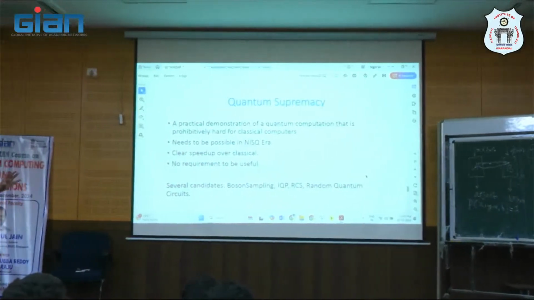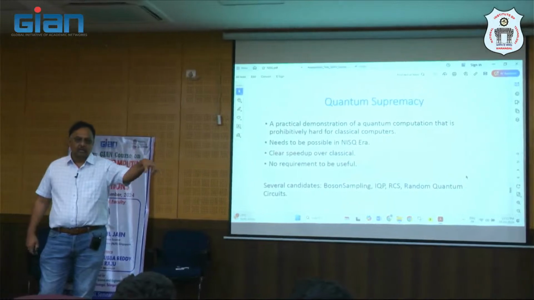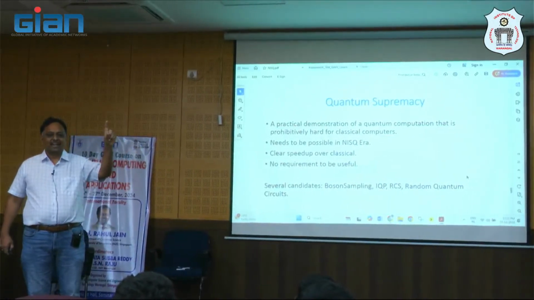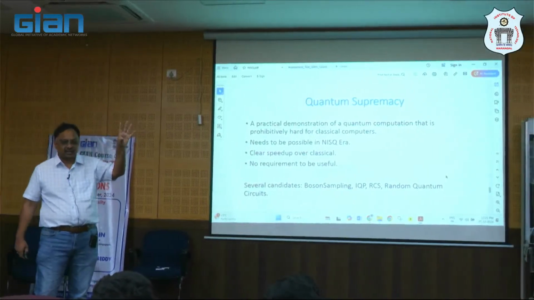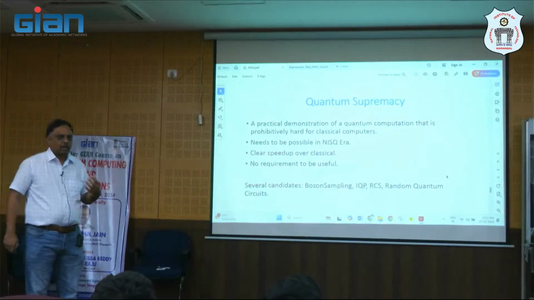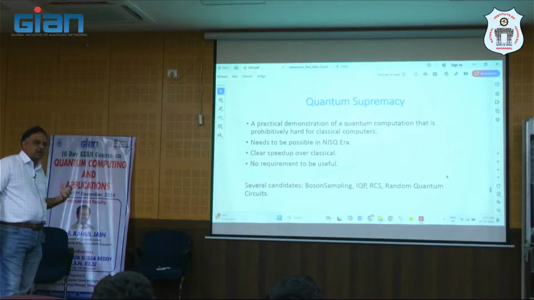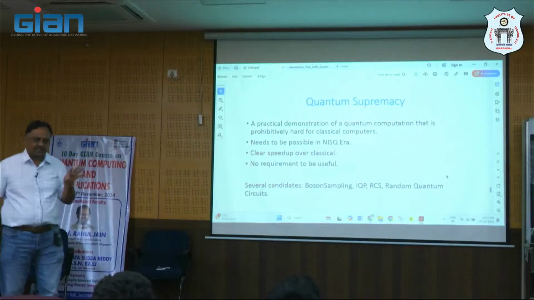Then there is a thing called quantum supremacy. That is also related to Google's announcement. They announced that they can do some task in 5 minutes which classical computers cannot do in 10 to the 25. They used the word septillion or something. What is that? Quantum supremacy is basically, suppose we cannot even demonstrate a real-world useful task, it doesn't matter.